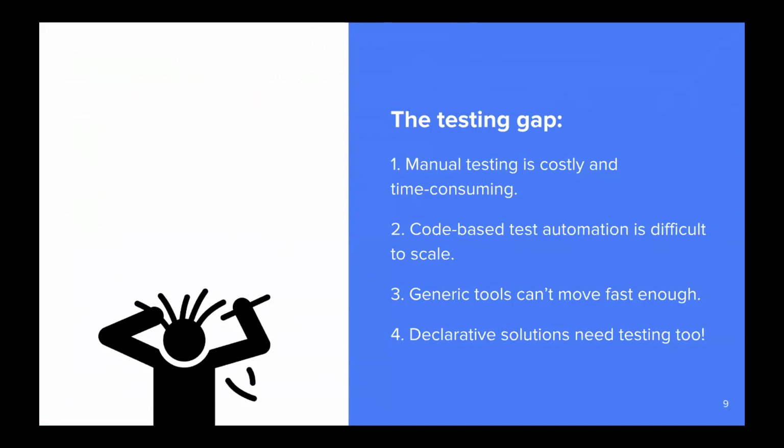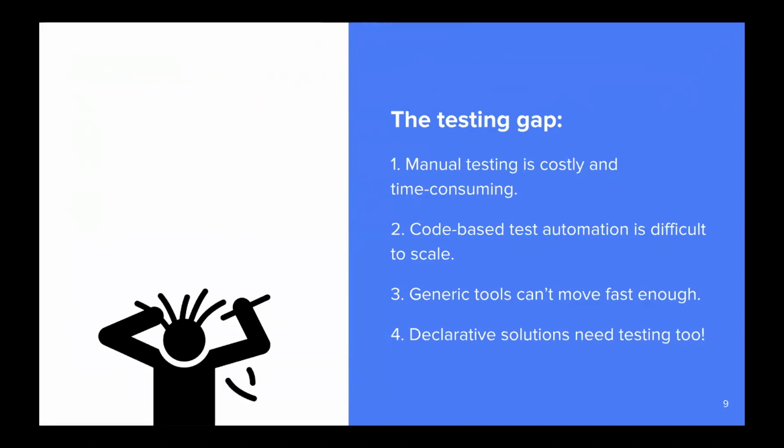And then, especially when it comes to Salesforce solutions, general testing tools quite frankly can't move fast enough, and they're not incentivized to move fast enough. And that's what we need a way around. Having a way to do declarative solutions, we need to be able to test that too. And that's not always something that's easy to do with some of the general solutions that are on the market.